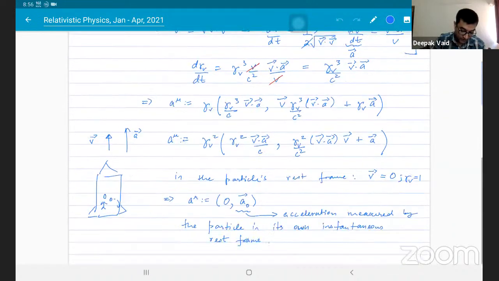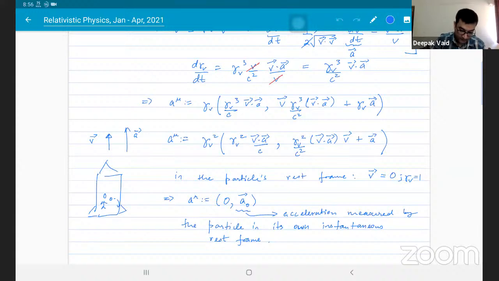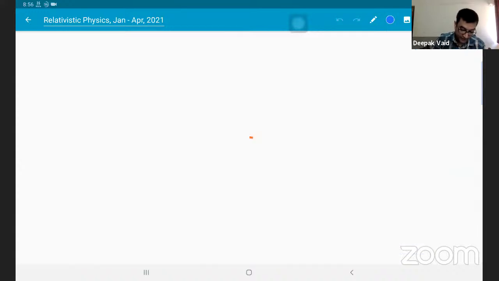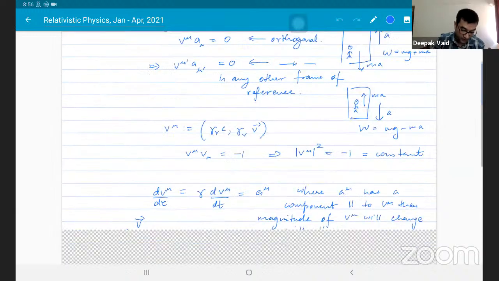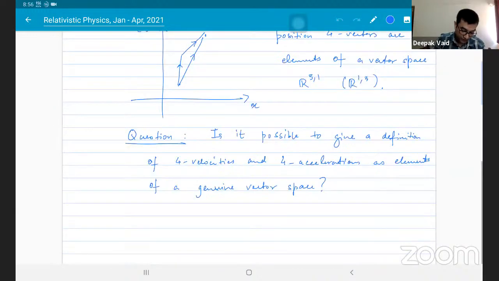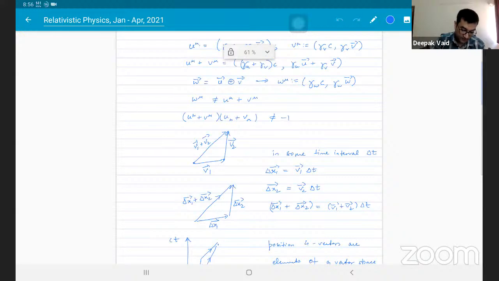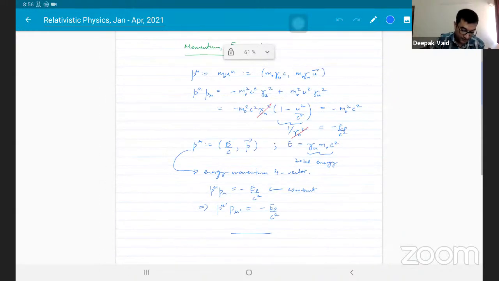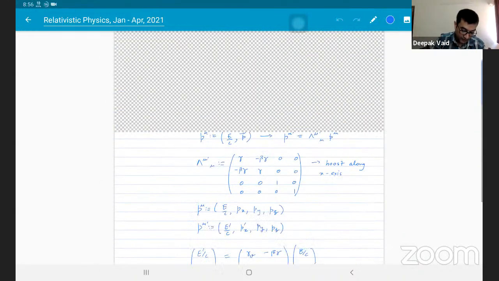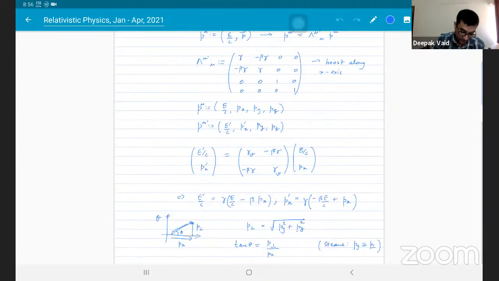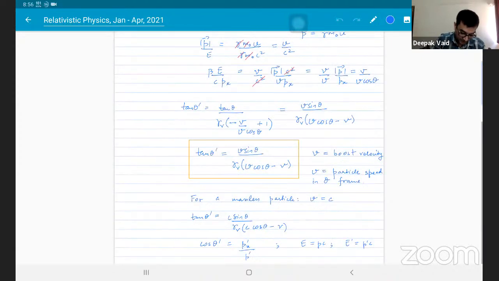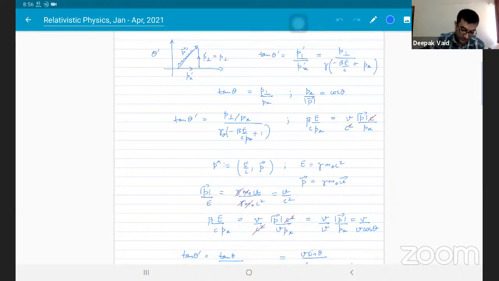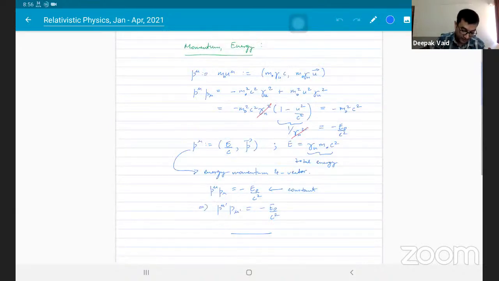So, okay, I've done a review of basic relativity. You can define a 4 acceleration. There are certain properties of the 4 acceleration and so on and so forth. These were more recent topics. Hopefully you remember them. And then you have this energy momentum 4 vector. So the syllabus will be up till the energy momentum 4 vector. Actually, I'll keep it till that.